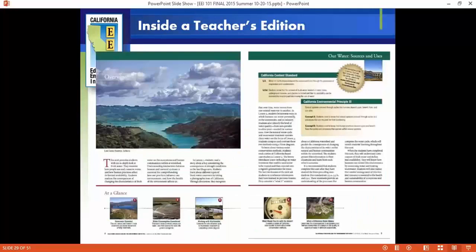Well, let's take a look inside the teacher's edition, and like I mentioned earlier, they're all set up in the same format, and actually National Geographic worked with us to develop this format for the curriculum. Yeah, it's very effective to use. There's an overview of the entire unit, and there's also an overview for each lesson.